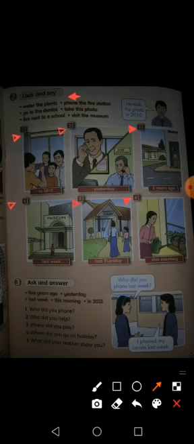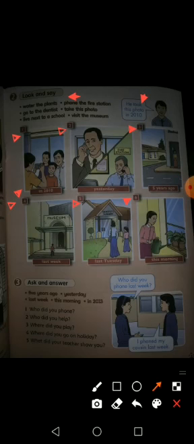He took this photo in 2010. He took this photo in 2010, okay? We use the verb took. This is the past tense, right? This is the past tense, okay?